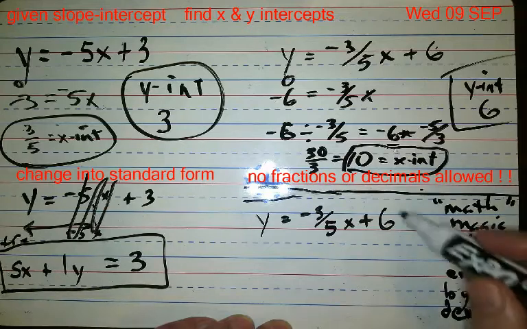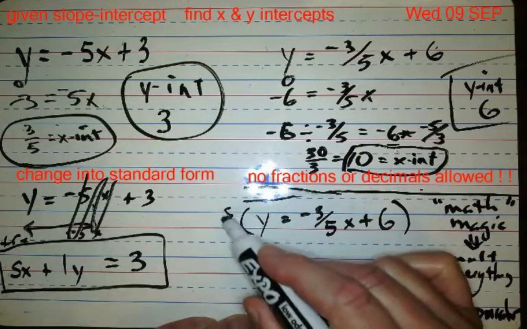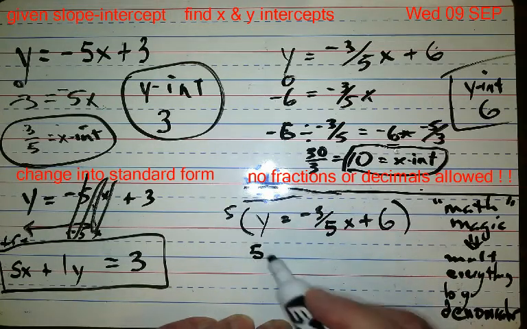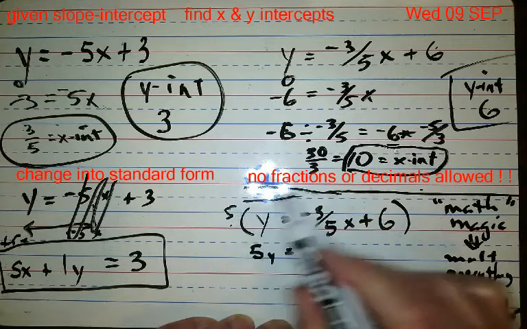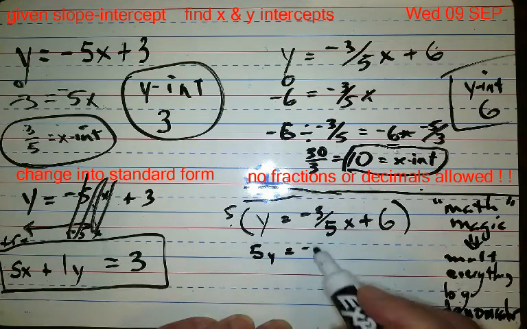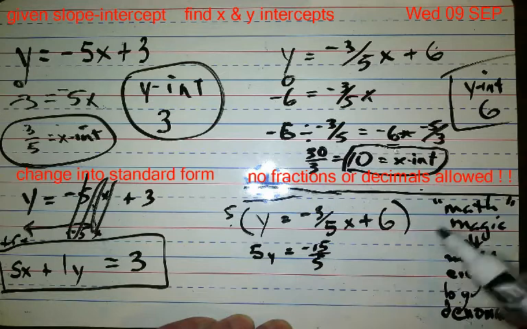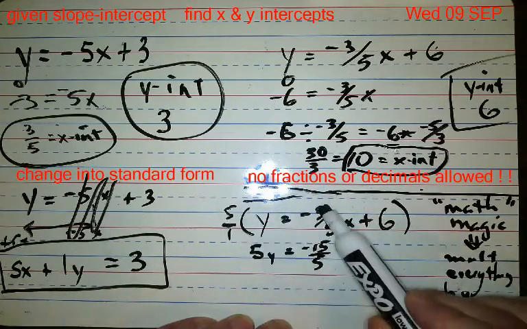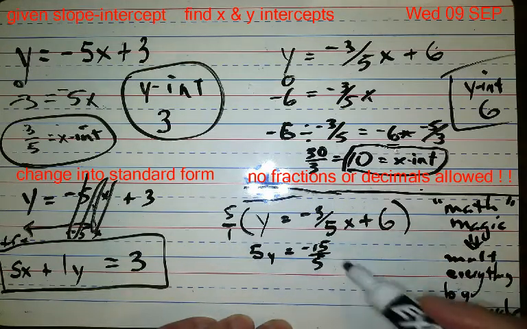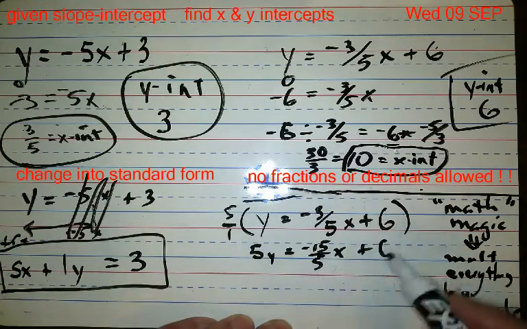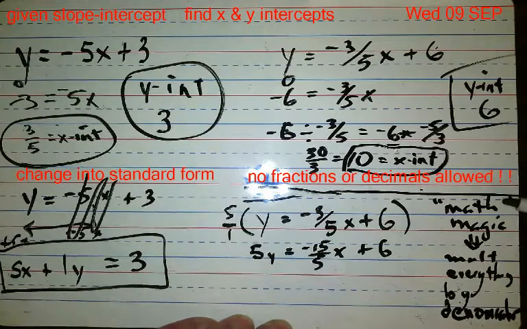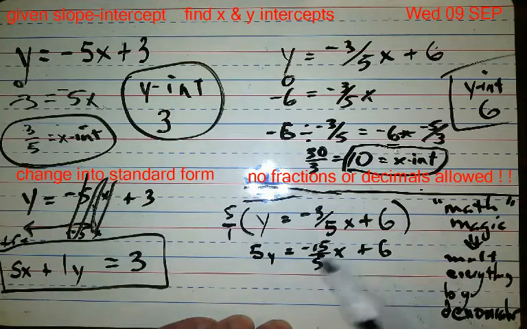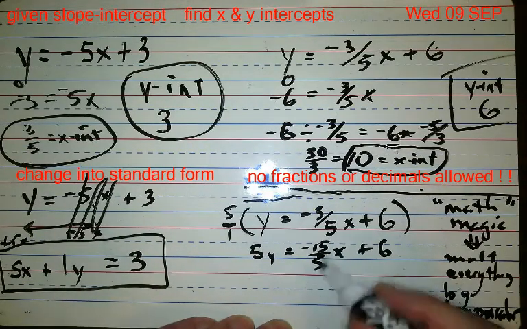So if I multiply everything by 5, look what happens. 5 times y is 5y. 5 times this is negative 15 divided by 5. Remember, you only multiply the whole number times the top of the fraction. The bottom stays the same. And then plus 6. Now, remember, I told you it was magic. The fraction's supposed to disappear. You say, no, there's a fraction. No, there's not. Because 15 divided by 5 is negative 3.